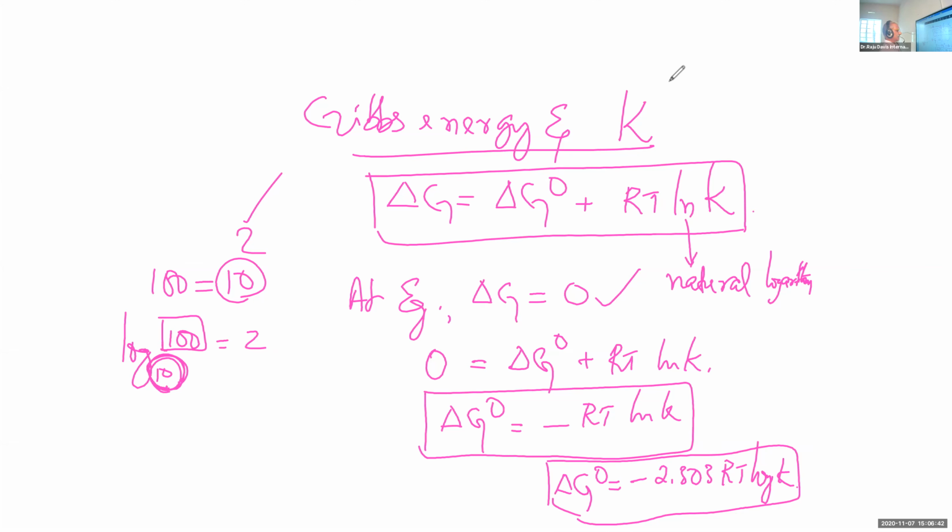Therefore, the equation can be rearranged as delta G0 is equal to minus RT ln K, or delta G0 is equal to minus 2.303 RT log K. For simplification and calculations, you can make use of this equation. That is the relation between the Gibbs energy and the equilibrium constant.